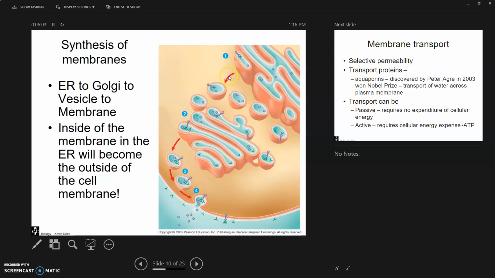So a vesicle transports this developing protein from the rough endoplasmic reticulum to the cis face of the Golgi. And here is where this protein is finally processed. A vesicle emerges from the trans face of the Golgi, and as this vesicle fuses with the outer cell membrane, notice that the protein that was originally oriented towards the inside of the vesicle is now on the outer surface of the membrane.